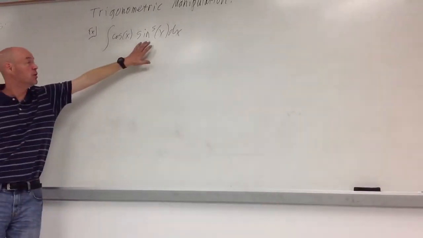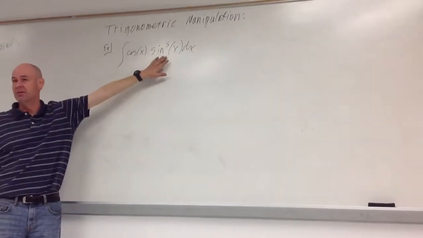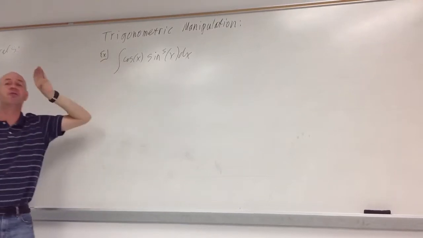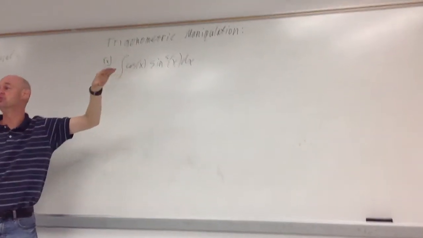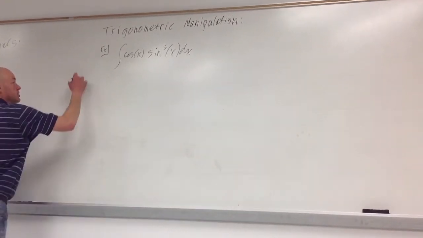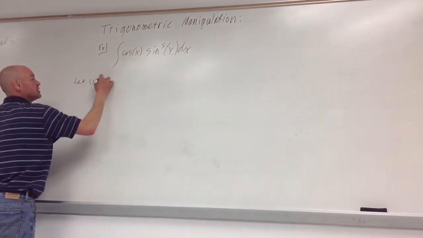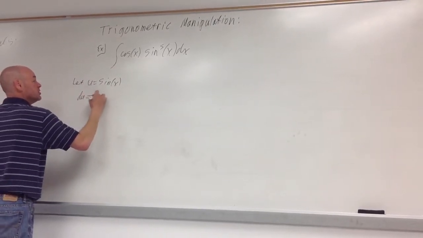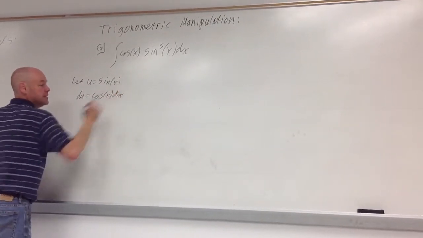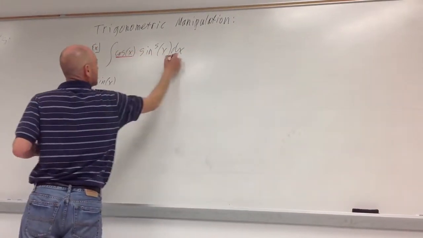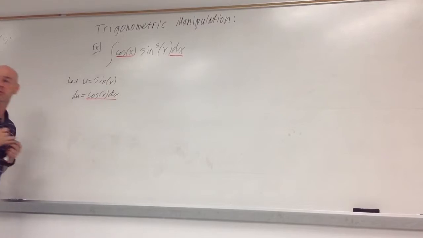If I let u equal sine of x, what's its derivative? Cosine, which is there. So I need to look for that part of the u substitution that I'm going to be able to eliminate it with. So if I do a substitution and let u be sine of x, that means that du is cosine x dx, which beautifully works out for the substitution.